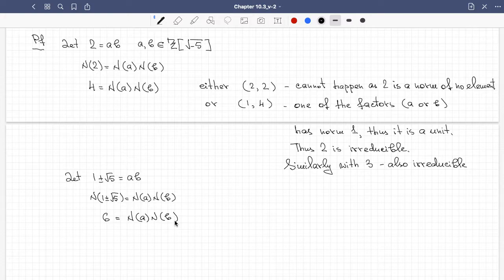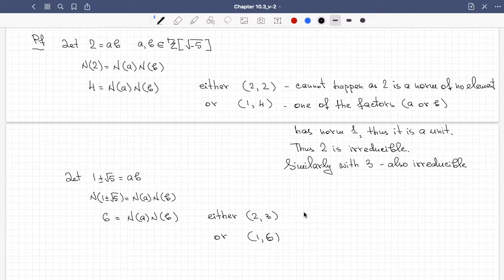And we are again in the same situation. These two norms are either 2 and 3 in any order, or 1 and 6.